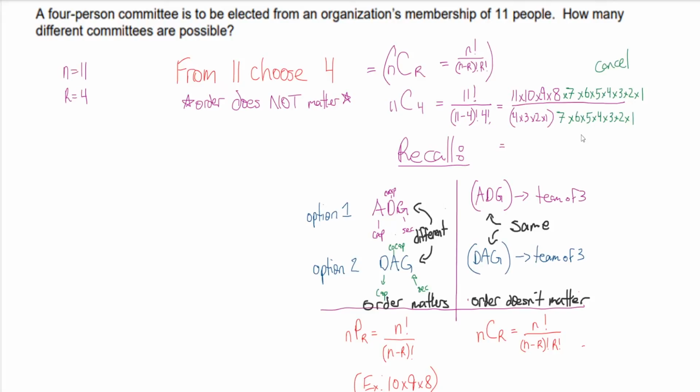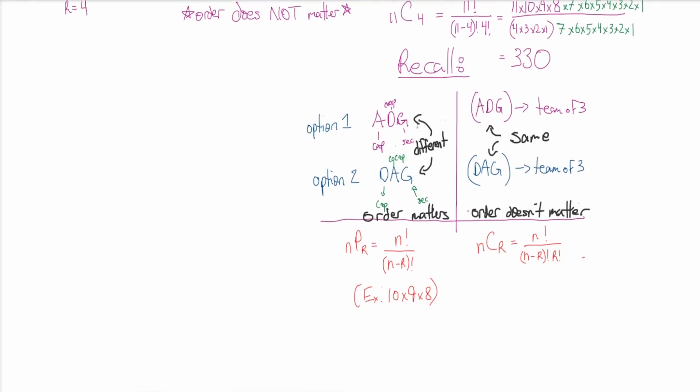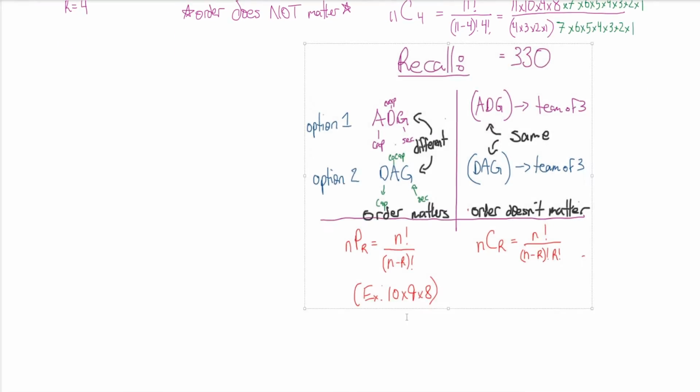It's just big enough that I wouldn't really do the division of the factorials, but your calculator has factorials as well. Okay. So we get that, and then we divide by 24, right? So the answer here is 330. So let's just do this.